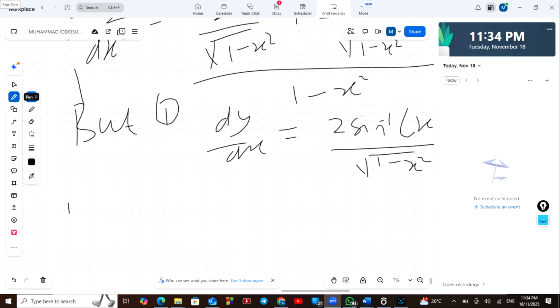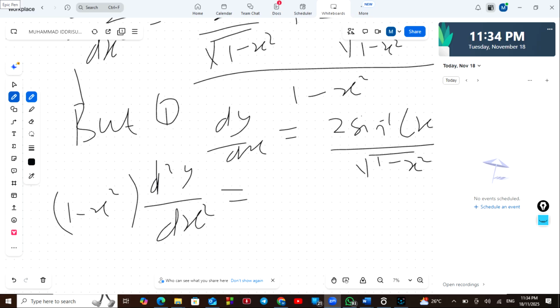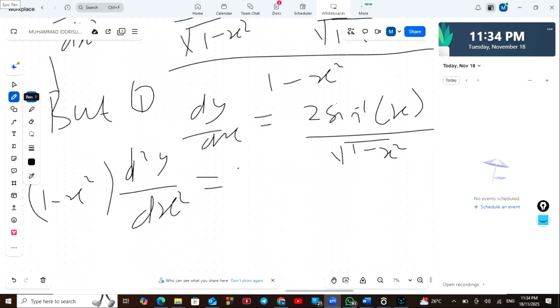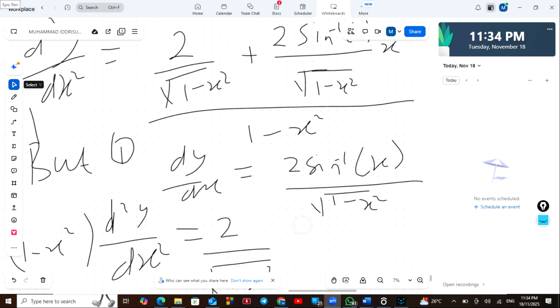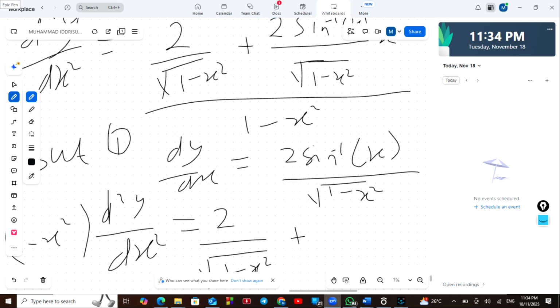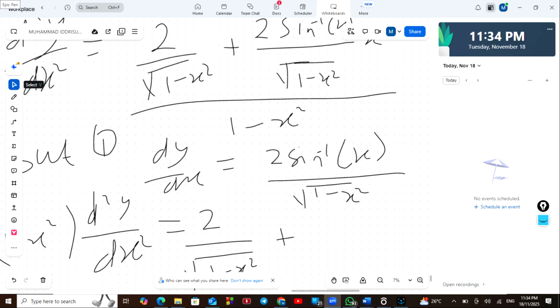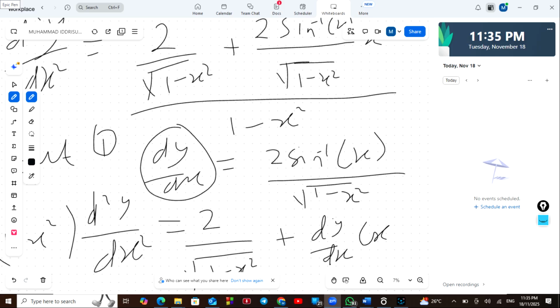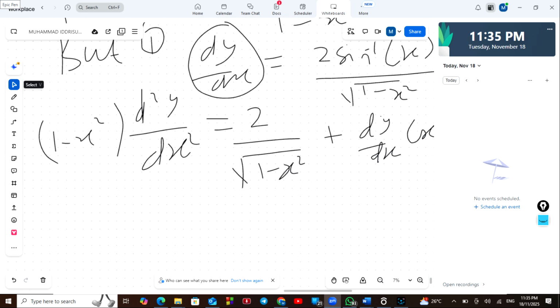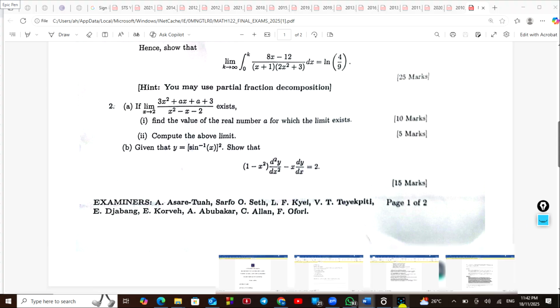So we have 1 minus x square multiplying the d square y over dx square to be equal to 2 over the square root of 1 minus x square plus this 2 sine inverse of x all over the square root of 1 minus x square will now be represented by dy dx, so all over dy dx multiplying x. So now we will have this.